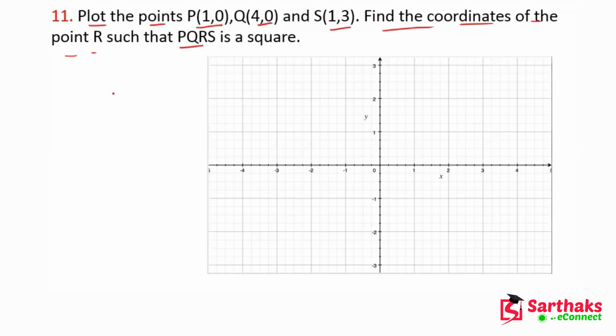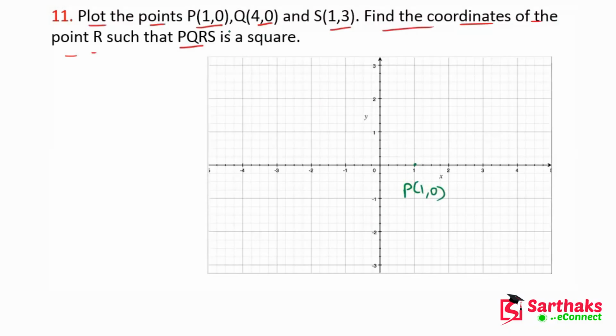The first point is (1, 0). This point P lies on the x-axis, because the y coordinate is 0.